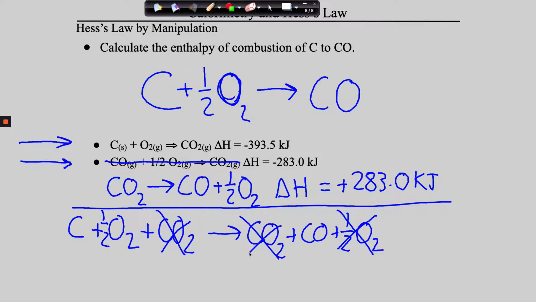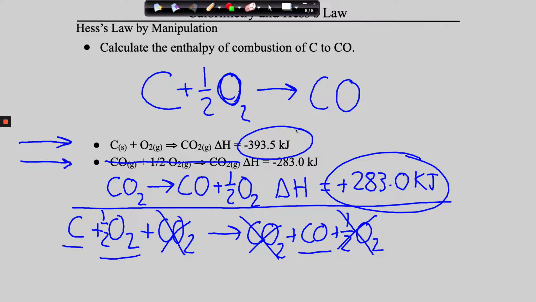And look at what we're now left with: a mole of carbon plus 1/2 mole of diatomic oxygen gives us a mole of CO. Do you see how the steps add up to the overall reaction? So what that means is that this number plus this number will now add up to the energy change for the overall reaction. But, guys, you've got to be careful of signs.